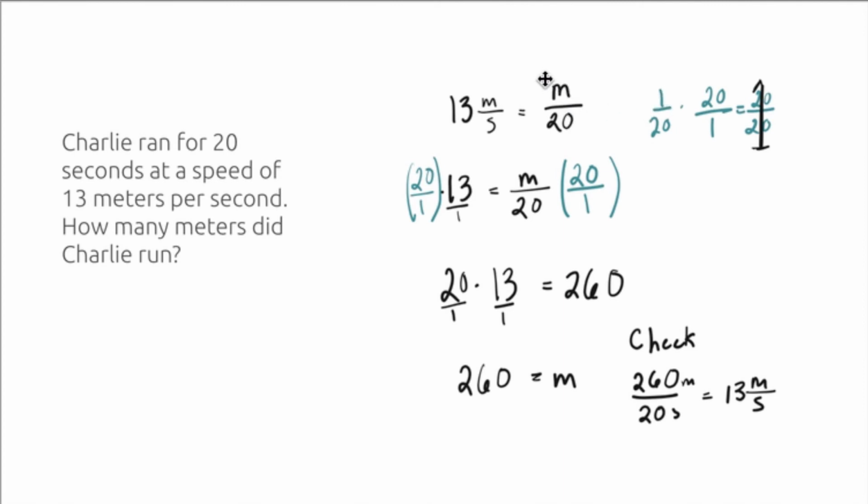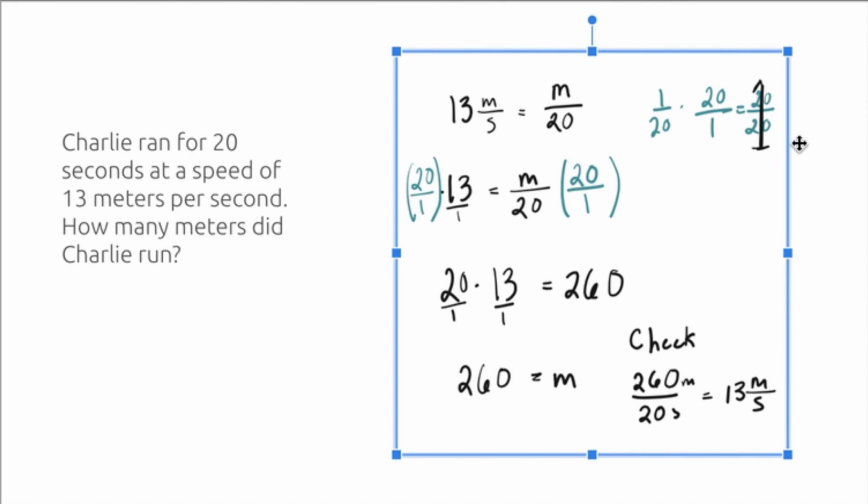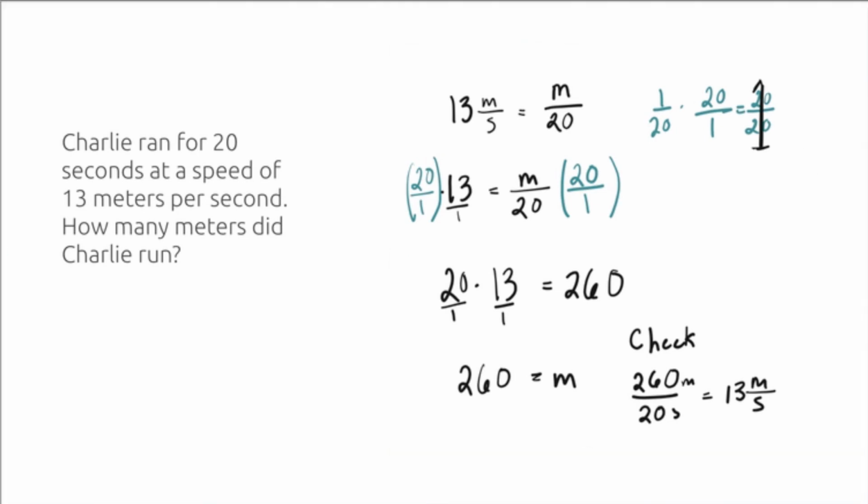So there's an imaginary 1 by this m, and that's what's over here. So 1 divided by 20 times 20 over 1 is equal to 1, because if you have 20 pieces of chocolate and you give them to 20 people, then each person gets 1 piece of chocolate.